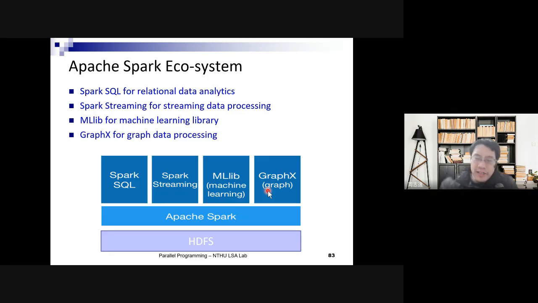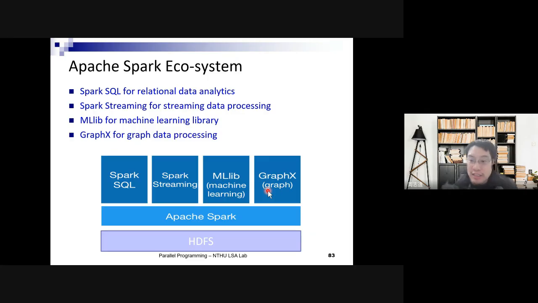So Spark is really powerful, and even today, as I know, many companies dealing with big data problems are still using Spark. As we mentioned about the trend of big data, MapReduce is kind of replaced by Spark.